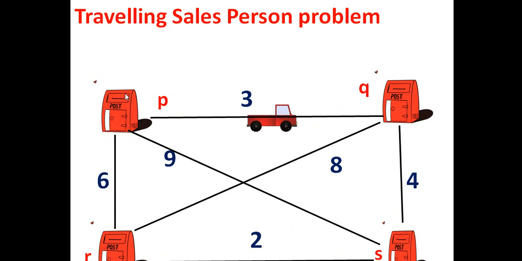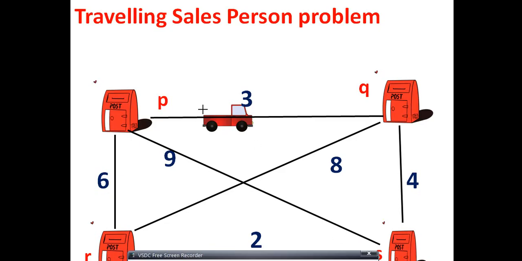Now from this place to this place there is a connection. That is called an edge. How many kilometers? 3 kilometers. From this place to this place, what is the cost? 4 kilometers.